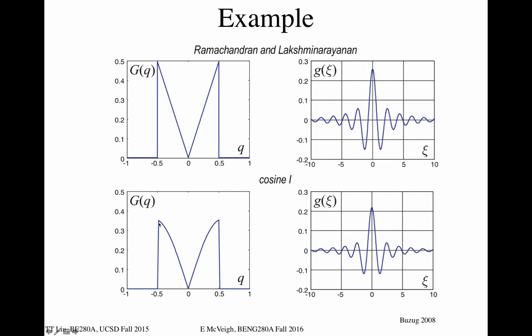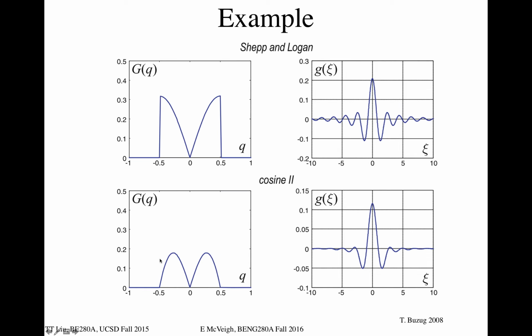It's a cosine filter that ramps so that at least its derivative is 0 before the transition. This is a Shepp-Logan, which is probably a couple of derivatives are 0 as it comes here. And then this one where, instead of having a peak up here, we ramp the whole darn thing down to 0 before reaching our maximum frequency.